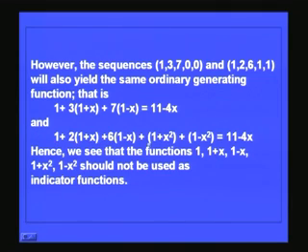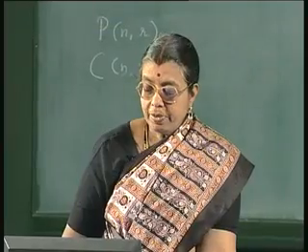This x squared will cancel with this x squared, and as far as the coefficient of x is concerned, you have 2x minus 6x, which will give you minus 4x. So again you are getting the same ordinary generating function, and it is representing 3 sequences, which is not correct. So these functions you cannot use as indicator functions. The indicator functions should be such that for each sequence the expression you get is unique, or each expression uniquely represents a sequence.